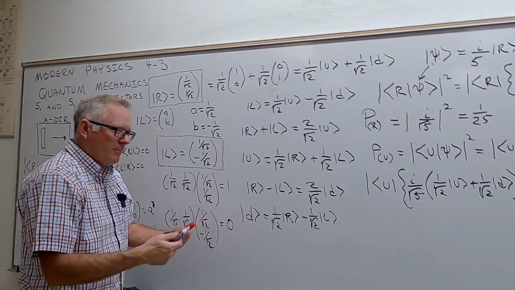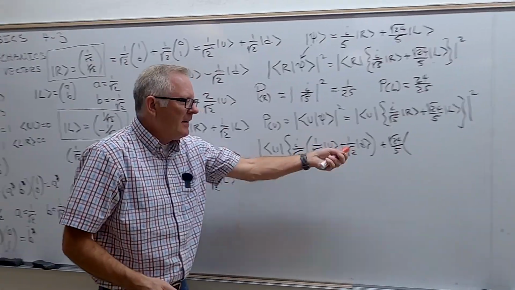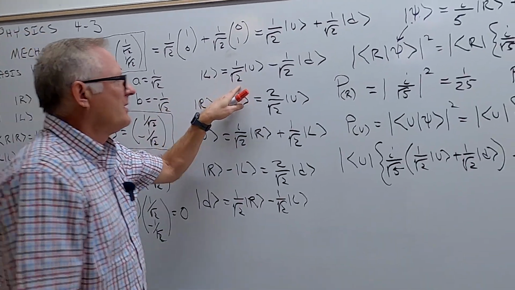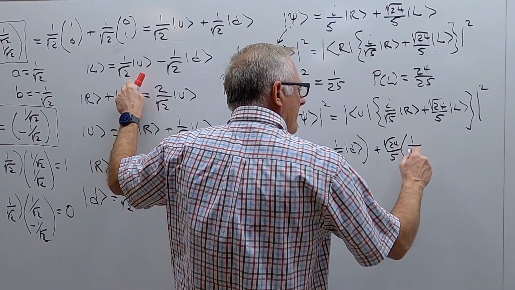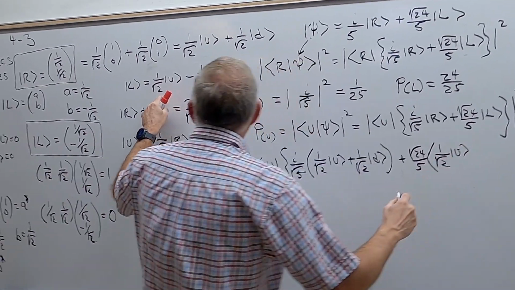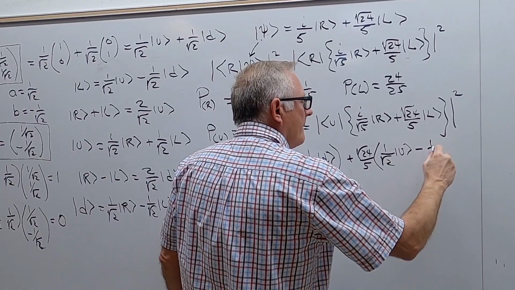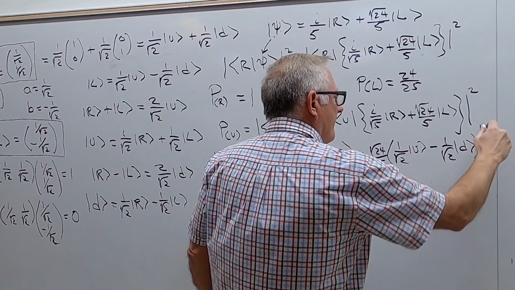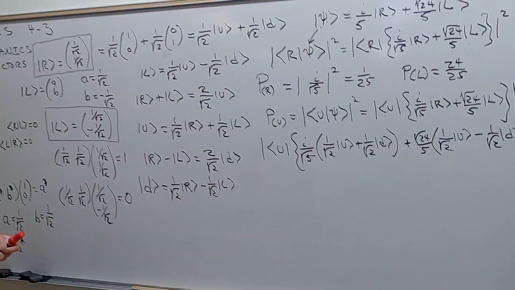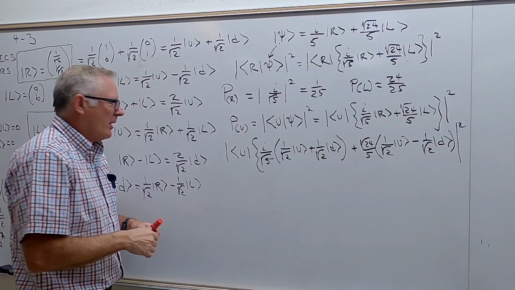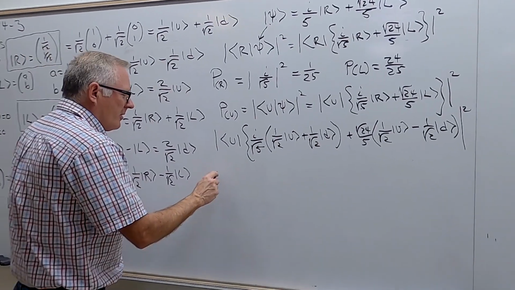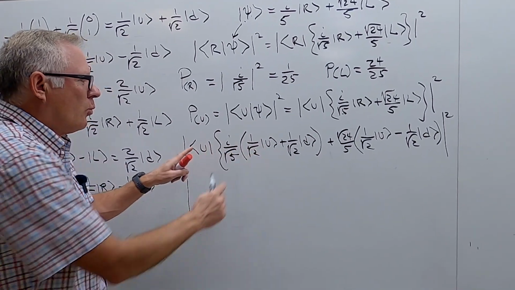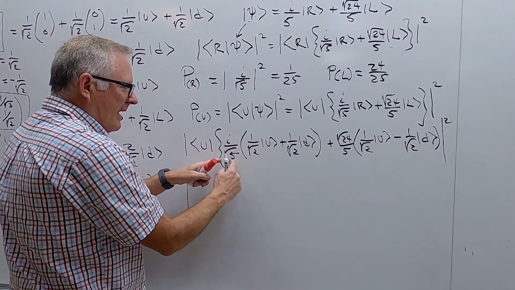Again, I want to change the bases because I know what all the up-ups and the up-downs are. And then we have left, which is right here, 1 over the square root of 2 up minus 1 over the square root of 2 down. Okay. So now I can start doing the dot products. Remember, all the dot products are going to be 1 or 0 now. So we've got, first of all, this dotted with that. That's 1. So all I have is i over the square root of 10.